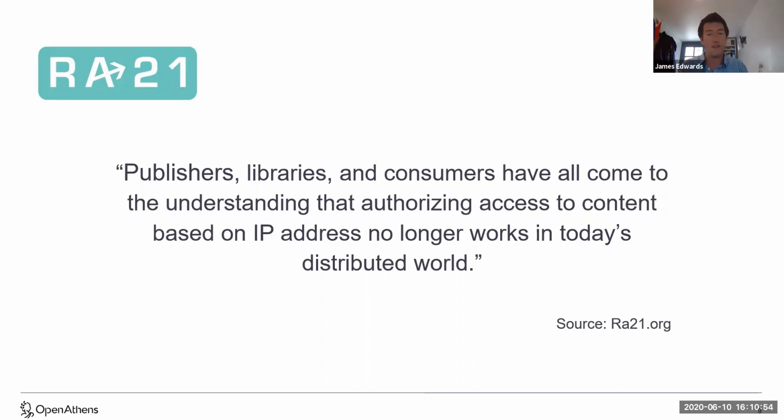You can go to ra21.org. We have been involved in these topics, and it's very clear, and you might be experiencing this yourself right now if you've been relying on IP up until the current pandemic, that IP clearly doesn't work once remote access and remote working come into play.